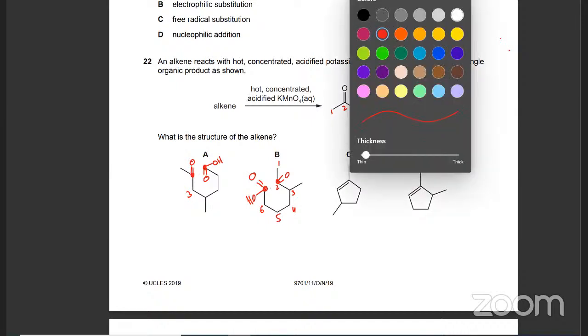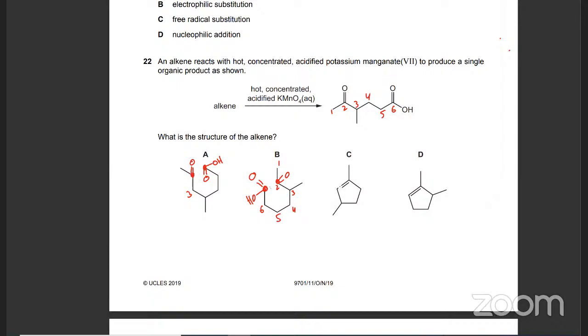Again, the double bond will break, so this one is going to be a carboxylic acid. This one is going to be a ketone, right? So is this the same? No, sir.